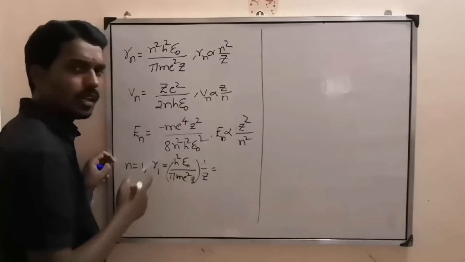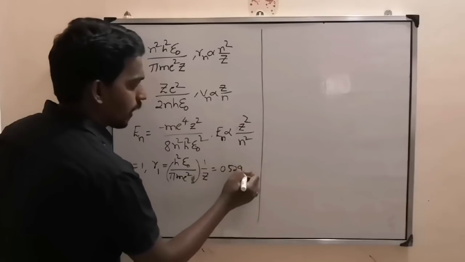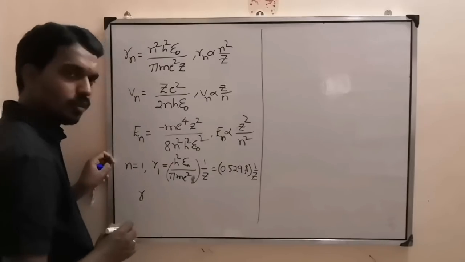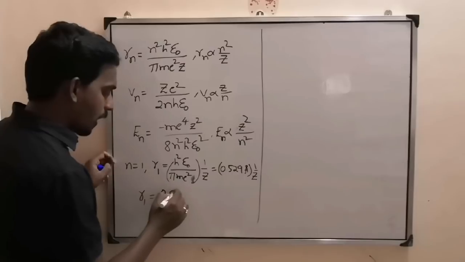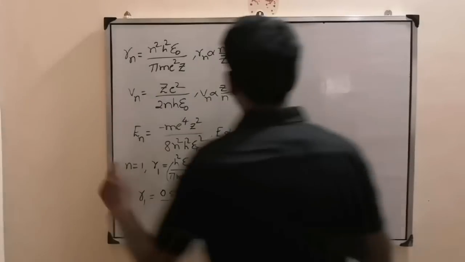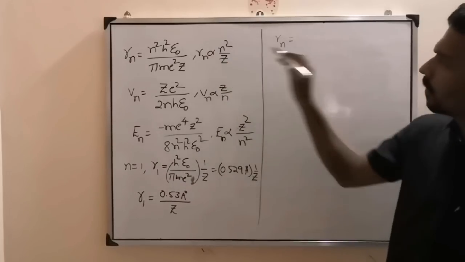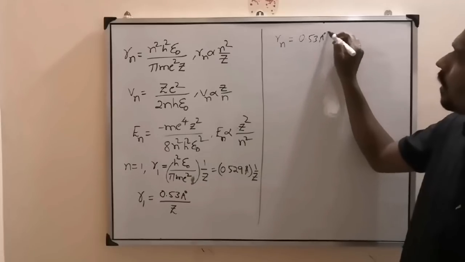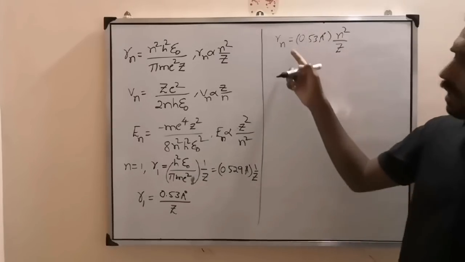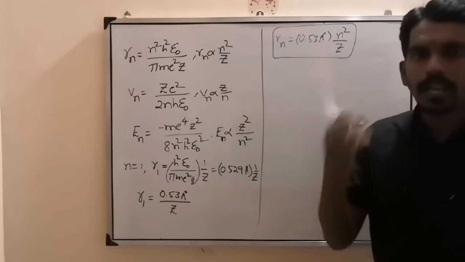If you substitute all the values, you get approximately 0.529 angstrom times 1 by Z. So R1 is approximately 0.53 angstroms divided by Z. Or else you can write it in general, for any atom's nth orbit, Rn equal to 0.53 angstroms times n square by Z. So this is the formula for the radius of the nth orbit for any atom.